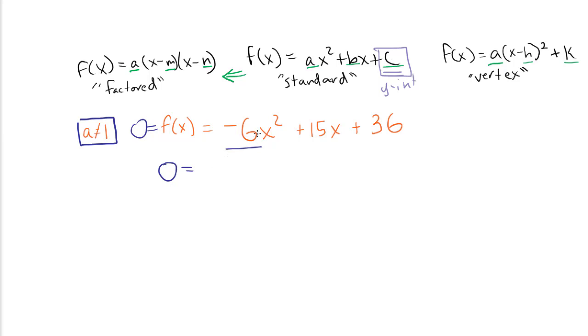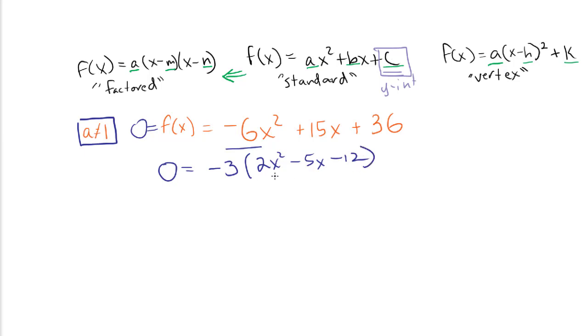In this case, 6, 15, and 36 all have a common factor of 3. In fact, I'm going to pull out the negative 1. I usually want to make that leading coefficient positive. So I'm going to factor out the negative and the 3 common factor here, leaving me in parentheses 2x squared minus 5x minus 12.